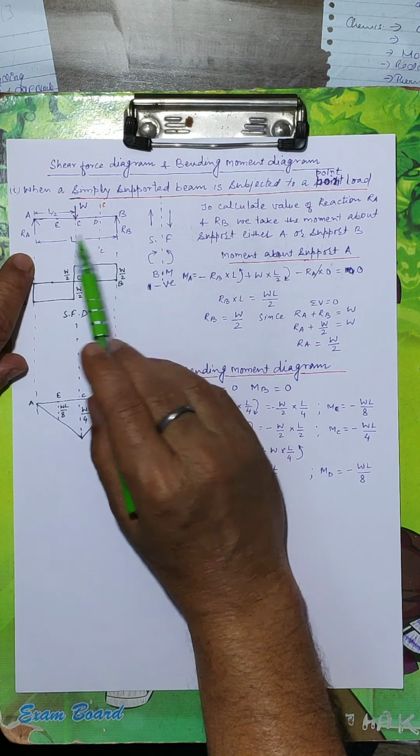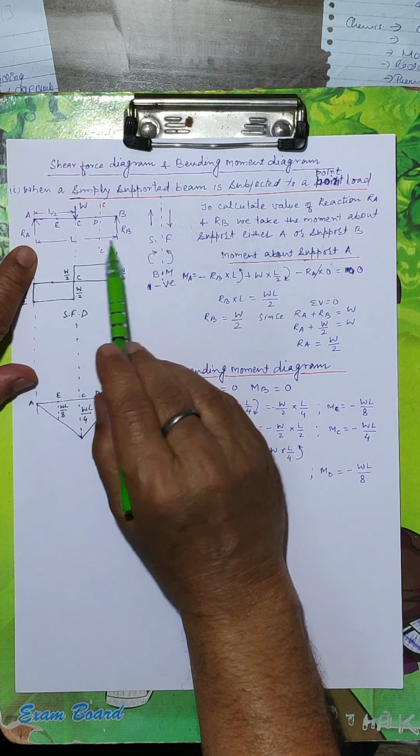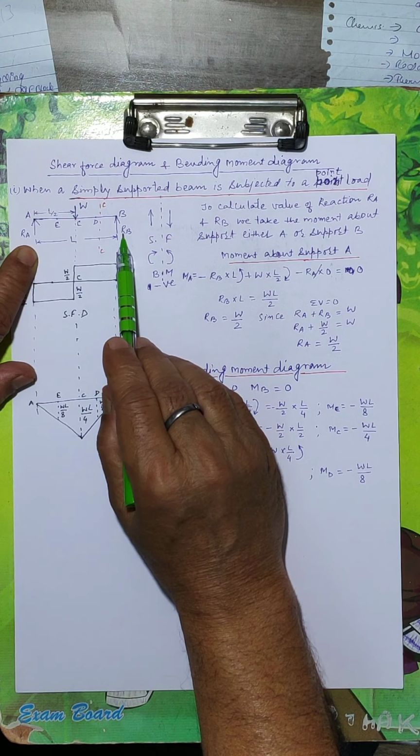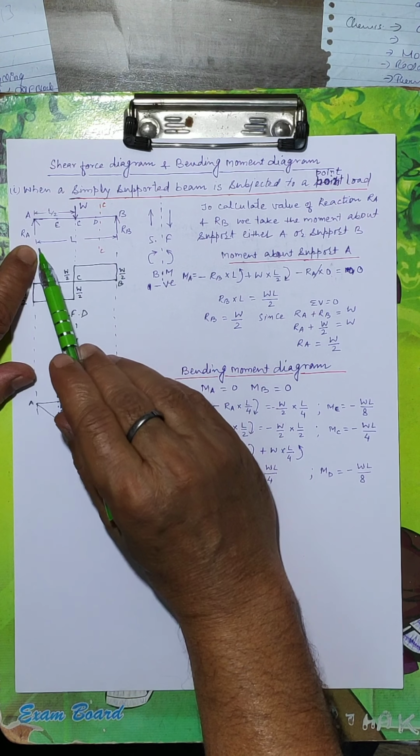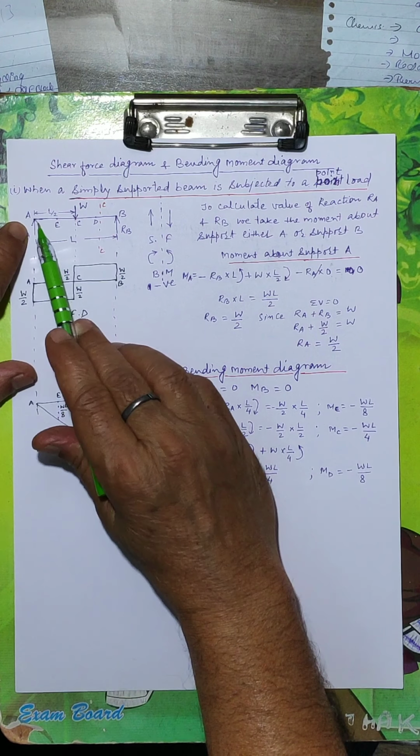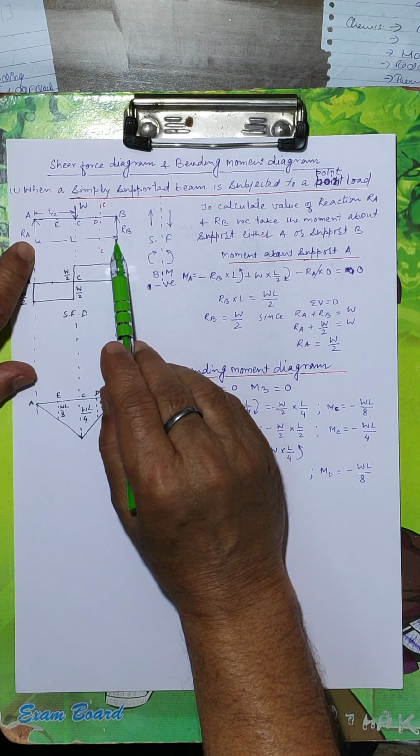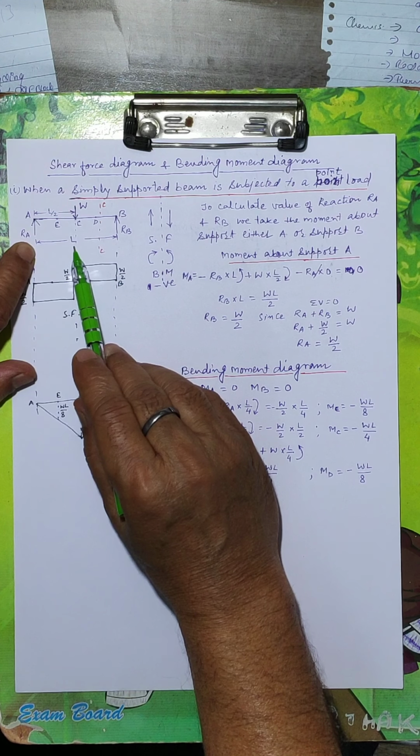Moment is force into perpendicular distance, so RB multiplied by the distance. We are taking the moment about A, so the distance is L, capital L.